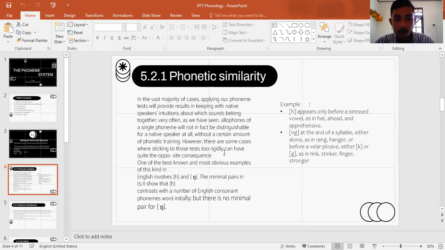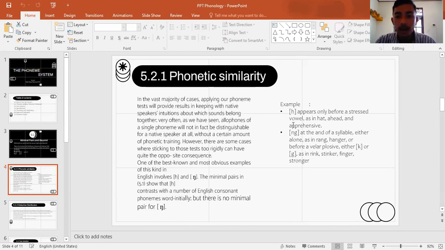However, there are some cases where sticking to those tests too rigidly can have quite the opposite consequence. One of the best known and most obvious examples of this kind in English involves h and ng.